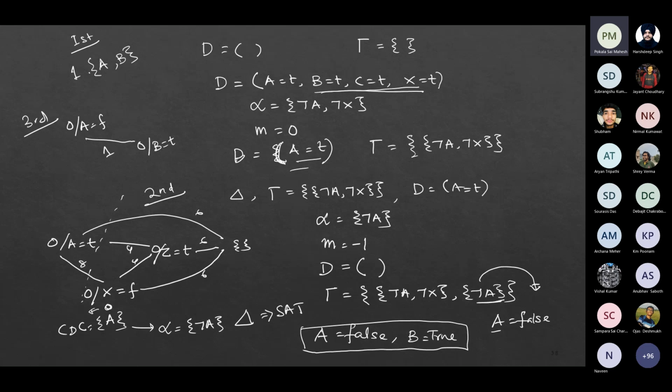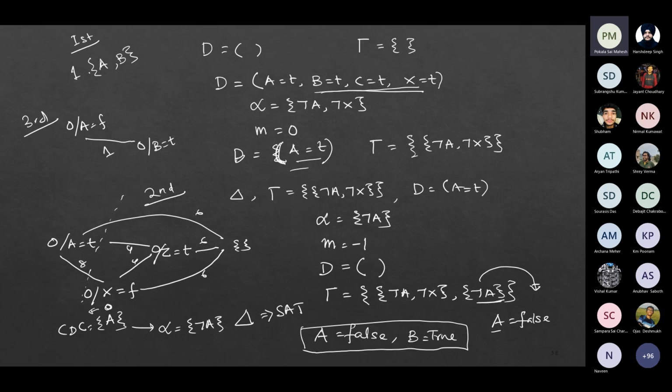So I think this is more or less about the SAT solvers. So what we have done, if we try to summarize, we have tried to define the SAT problem and taken some problems from different domains and tried to encode them into SAT representation. Then we focused mostly on designing complete SAT solvers.